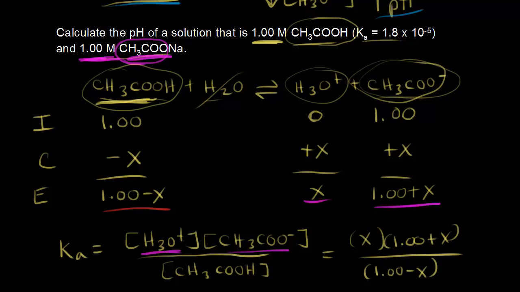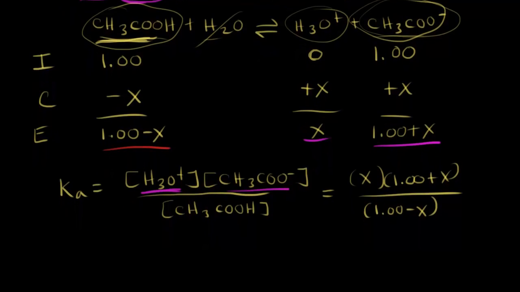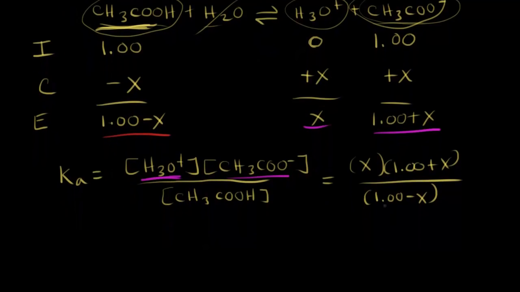All right, let's get some more room down here, and so we can talk about this. We're going to make that same assumption that we've done before, that this concentration x is much, much smaller than 1. And if that's a really small number, 1 plus x is pretty much the same as 1. And 1 minus x is also pretty much the same as 1.